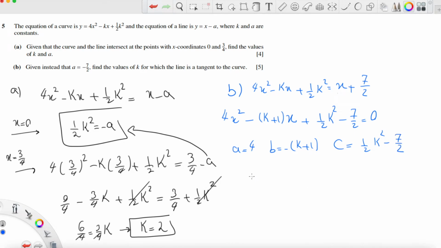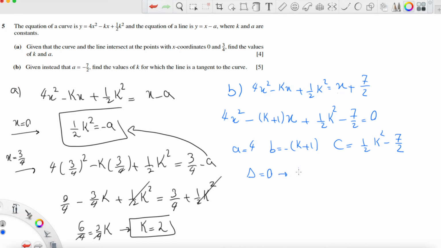2. Now we know that when a line is a tangent to the curve and you solve this equation, the discriminant should be 0 because they actually produce repeated roots. So the discriminant should be 0.